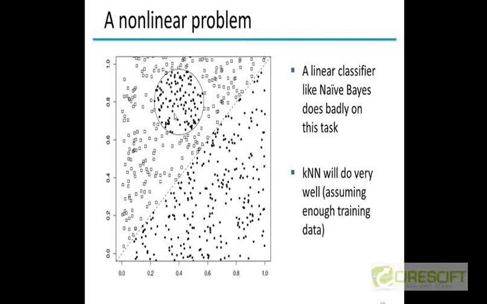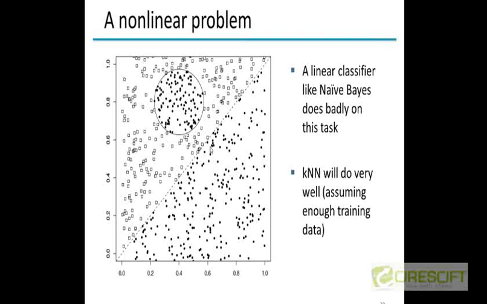But if you use the k nearest neighbor algorithm, it'll do very well, because if you're looking at points in this particular region, and let's say your test document falls in this region, then you will classify it into the circular class. Whereas if it falls into this particular region, then you'll classify it into the other class. So you're looking at your local neighborhood and then making that decision.